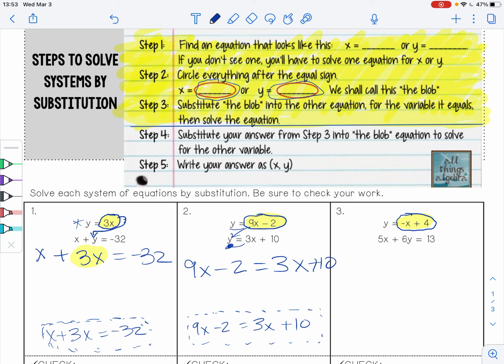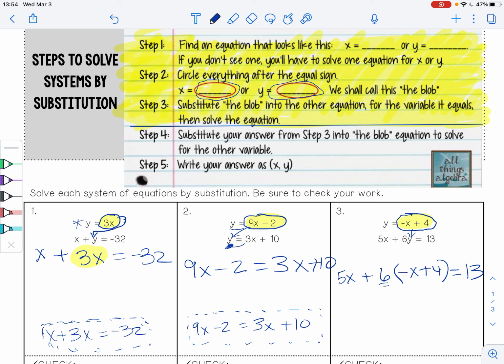All right, let's try the third one. Where should we put the blob? Right, down here where the y is next to the 6. So this will become 5x plus 6, and notice that I'm putting parentheses. Anytime you have something in front of the y, you want to put parentheses. So we'll do 6, and then negative x plus 4, that's our blob, equals 13.